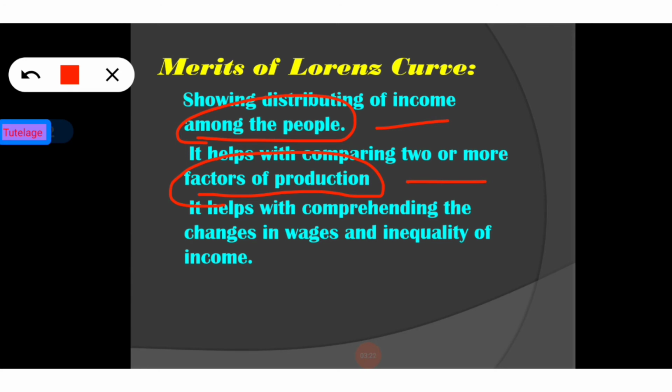Do you know what the factors of production are? We know there are four factors of production: land, labor, capital, and entrepreneurship. So the Lorenz curve basically helps with comparing two or more factors of production. And now move on to the third point.